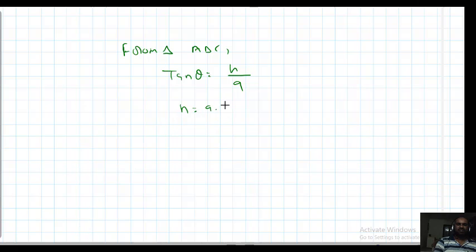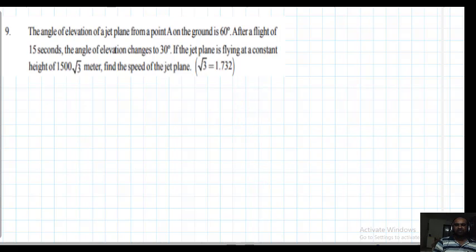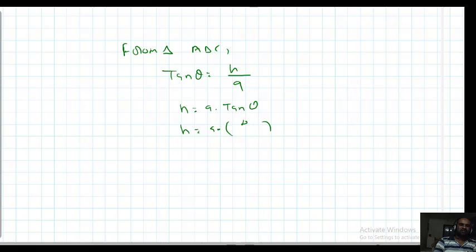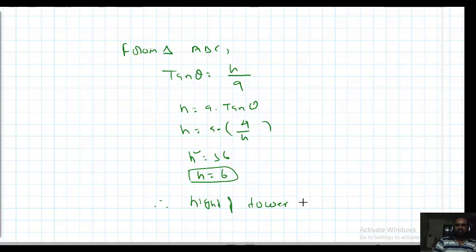Cot theta means H by 4, and tan theta means 4 by H. I can write 4 by H here. So H square equals 36, H equals 6. Therefore, the height of the tower equals 6 meters. I think this is the answer for the problem.